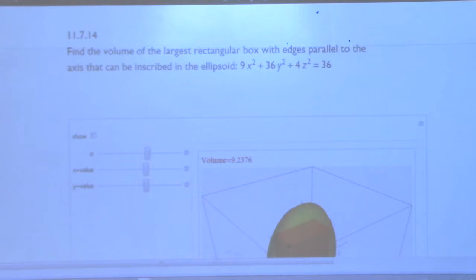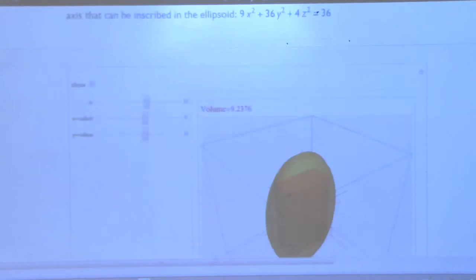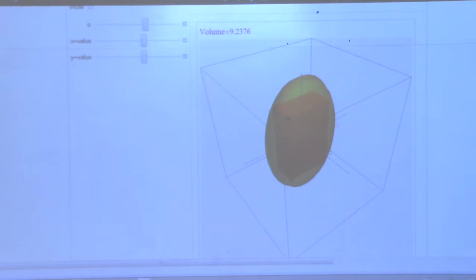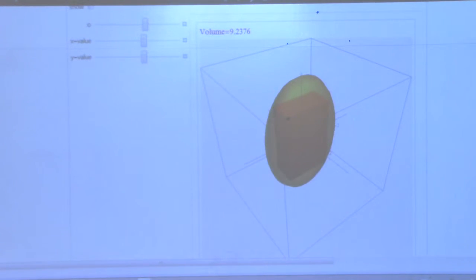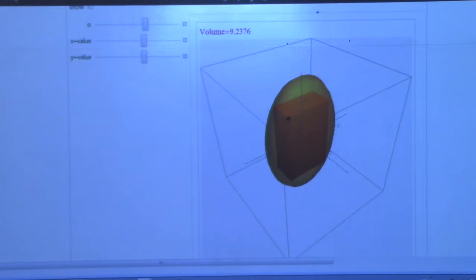Let's just look at it first. Find the volume of the largest rectangular box with edges parallel to the axes that can be inscribed into an ellipsoid given. So you have this fixed ellipsoid, right? So you got this egg, and inside of that egg, you want to inscribe a box.